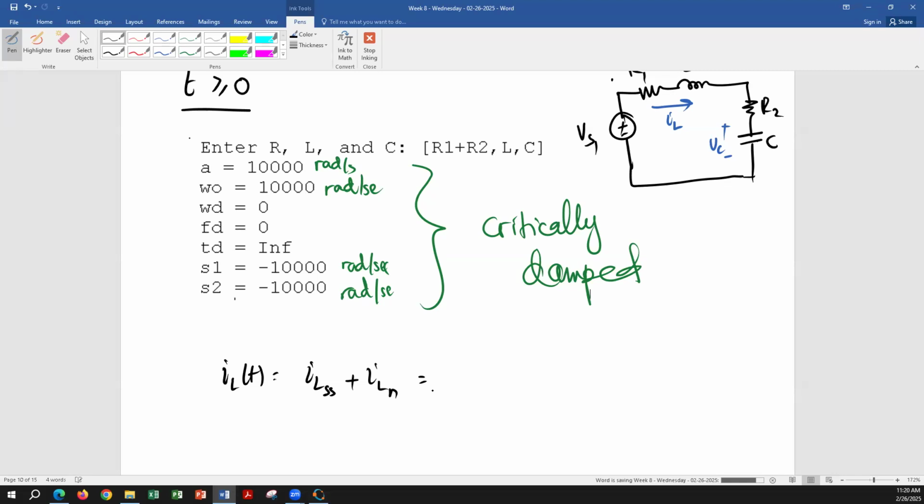As time is hitting infinity, what will be the current in the circuit? Since we don't have time, yes, Glorian. Excellent. Capacitor is open. Current is 0.